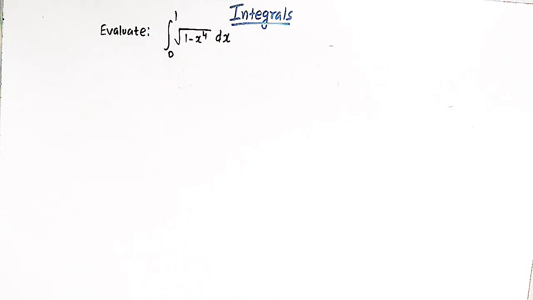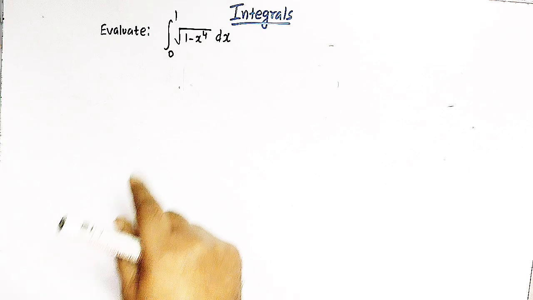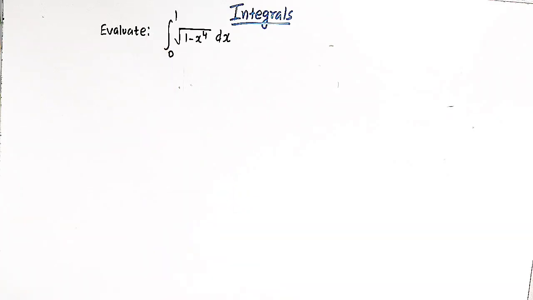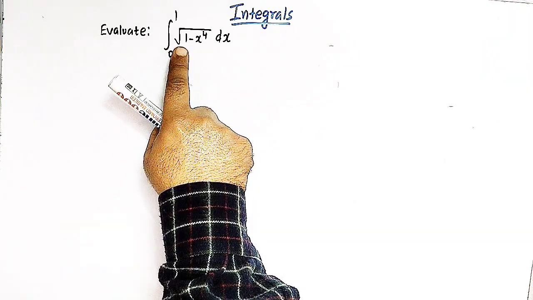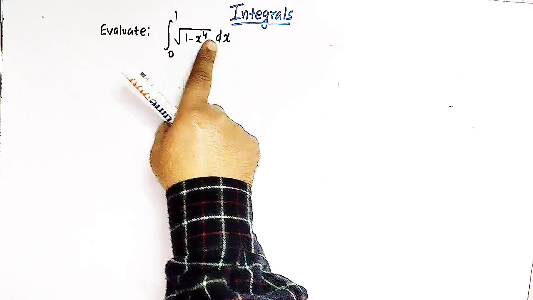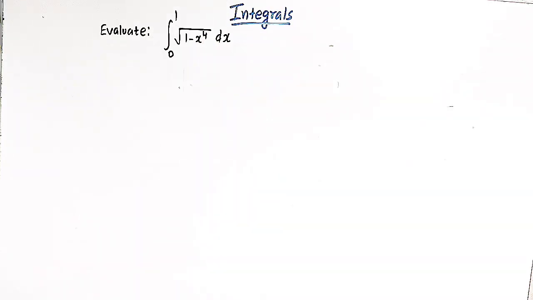Hello, viewers. In today's session, we are going to discuss another important application of beta and gamma functions to solve this given integral. So here we have to evaluate this definite integral from 0 to 1, and the integrand is square root of 1 minus x raised to 4, and here we have dx, right?